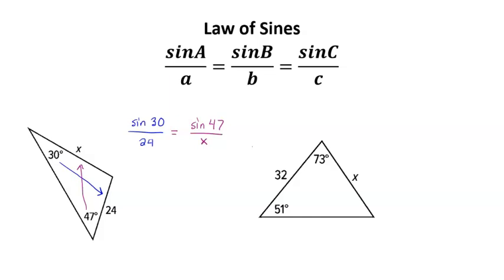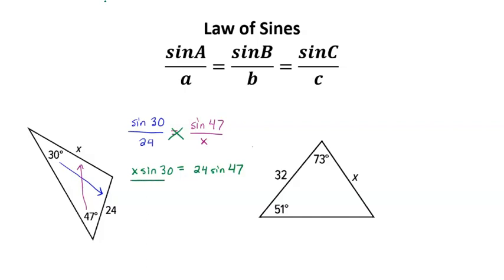And so from here, we are going to cross multiply. So we're going to have x times the sine of 30 equals 24 times the sine of 47. And then from here, instead of typing all of this into the calculator right now, we're going to wait until the very end.